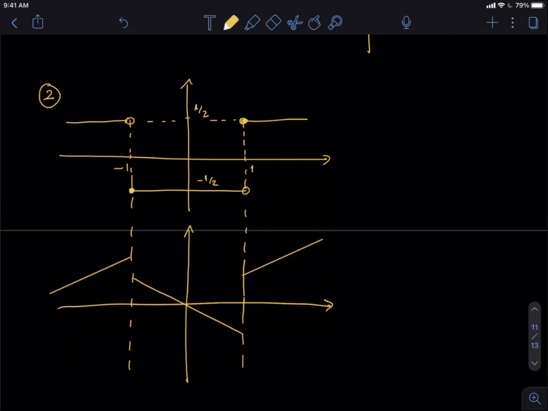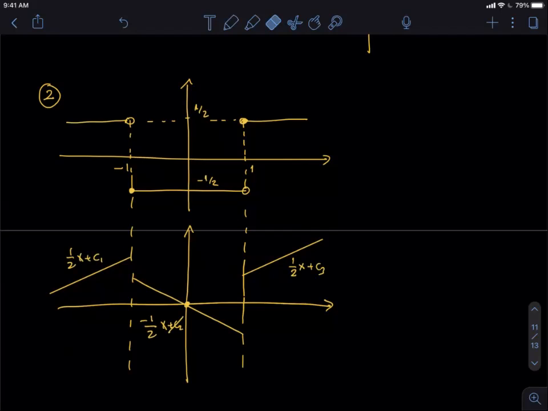Okay, so this is 1/2 of x plus c1, plus the negative 1/2 x plus c2, and 1/2 of x plus c3. Actually, I'm realizing the way I have sketched it, then c2 needs to be 0.